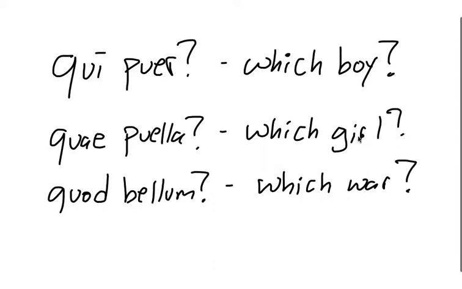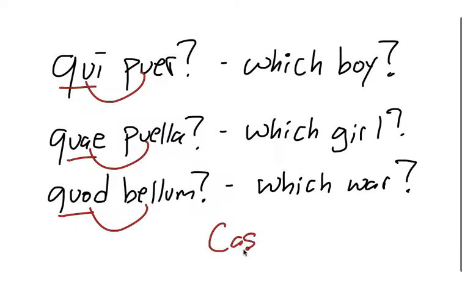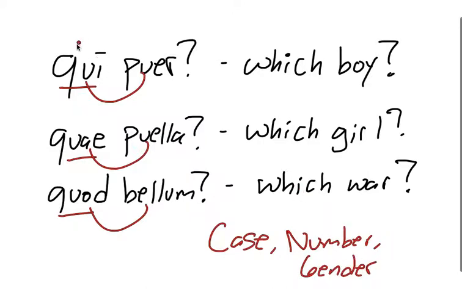Okay, so basically it's the forms of qui, quae, quod, right? But it's going to be modifying a noun. So it's going to agree with its noun in case, number, and gender, just like a regular adjective is. So you might ask yourself, how do I tell the difference between this and a relative pronoun, or even an interrogative pronoun in the plural, because they all have the same forms?